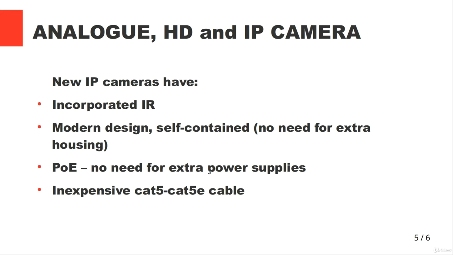We'll be talking about this in a separate lesson, explaining exactly how it works, but in short it's power sent over the network cable. Another advantage of IP cameras is that they use Cat5 or Cat5e cable, which is cheaper than coax, and you can send power over it too. So installation is cheaper, basically.